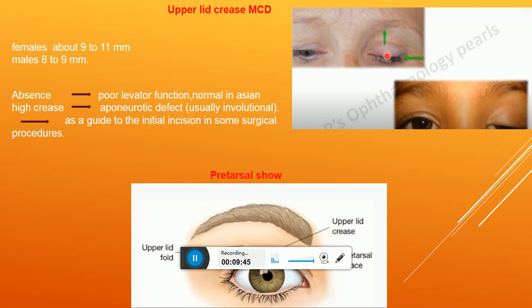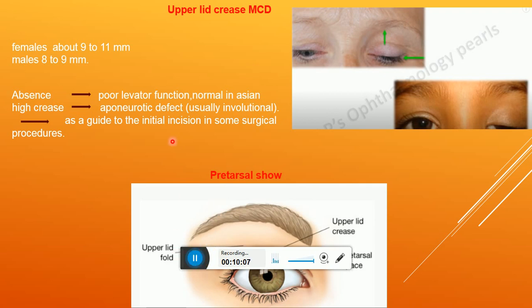If the crease is high, it suggests an aponeurotic defect, usually involutional. This crease is also an important point to guide the initial incision in some surgical procedures.